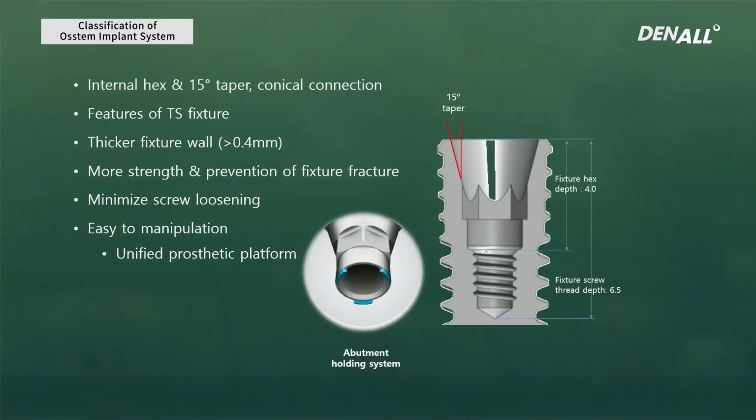The widely used ones, summary, it is 15 degrees tapered, not 11, and the top wall is 0.4 millimeter thicker, and it has a higher strength, and screw loosening is reduced, and prosthesis connecting area has abutment holding system, facilitating various manipulations.